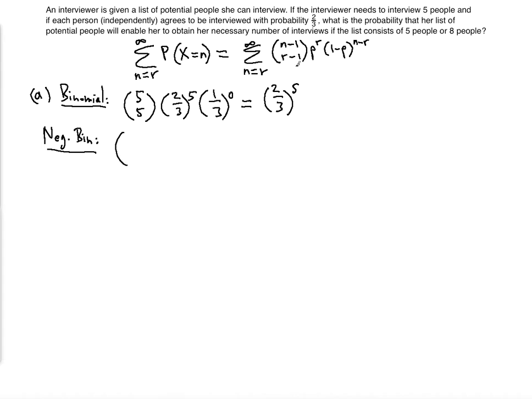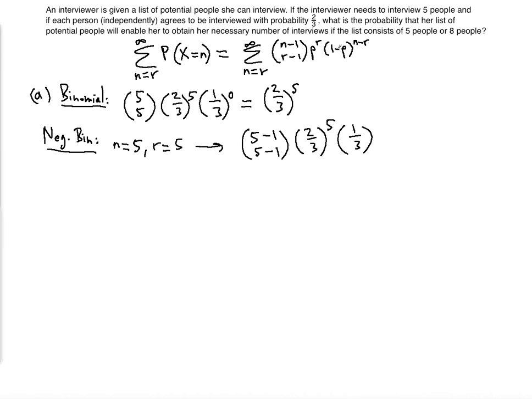So negative binomial would obviously mean there are 5 trials, because there are 5 people to ask. So n is going to be 5 in this case. r is also going to be 5. So that means your desired probability is going to be 5 minus 1 choose 5 minus 1, and then the probability 2/3 raised to the r, to the 5.